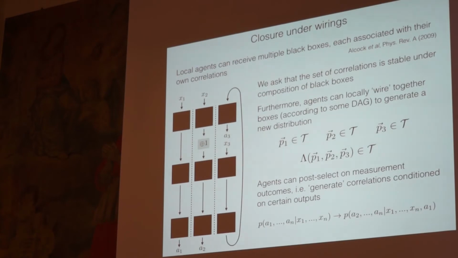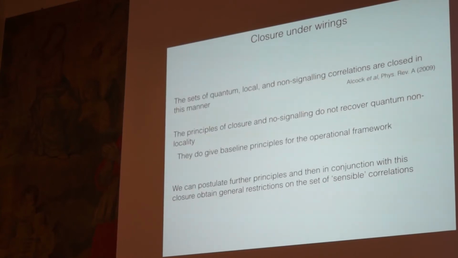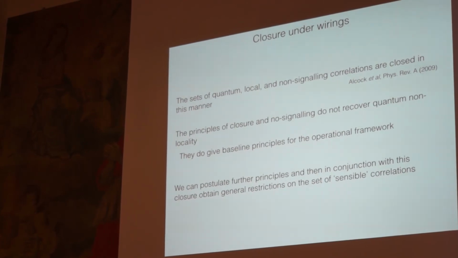And also agents can post-select on measurement outcomes, which is, okay, I want to generate some correlations conditioned on certain outputs. So if I get the output A1 for input X1, I condition on that event and generate some correlations conditioned on it. This is a pretty useful principle, because we already know that certain sets, such as the quantum local non-signaling set, are closed in this manner.